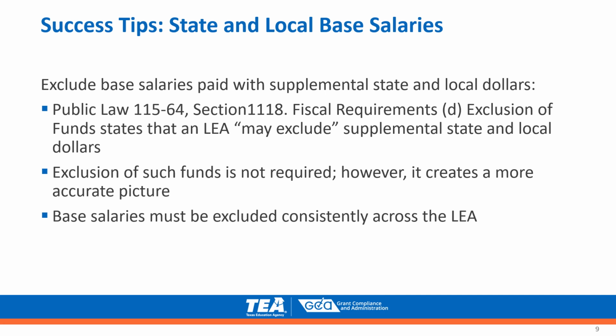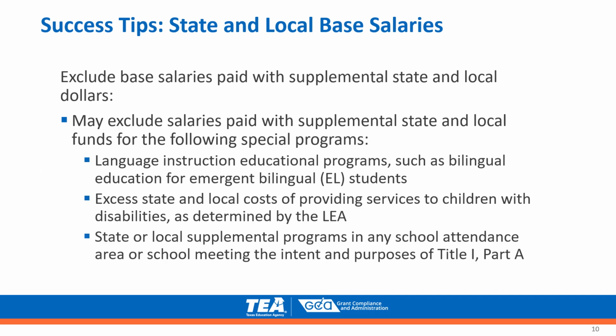Appendix 2 of the Title I Part A Comparability of Services Handbook provides further information on supplemental state and local fund expenditures that may be excluded from comparability testing. Thus, an LEA may exclude salaries paid with supplemental state and local dollars for the following special programs.